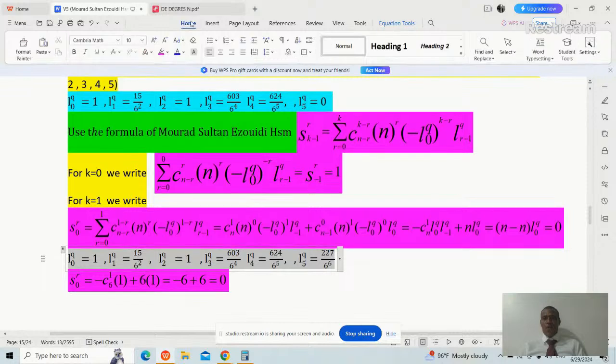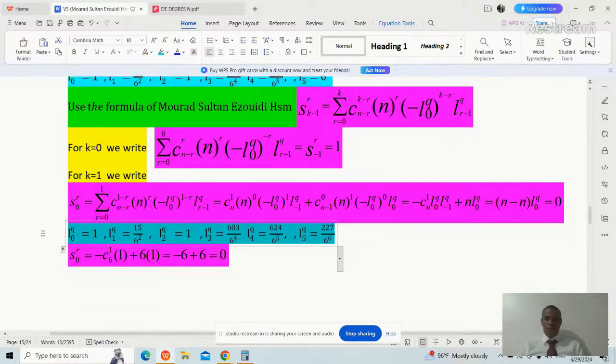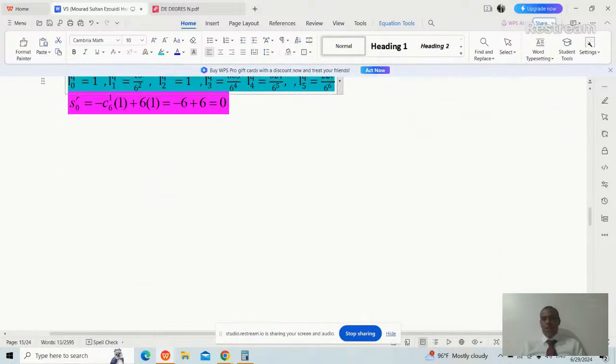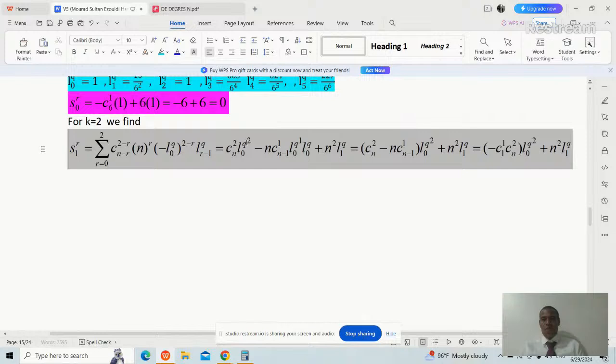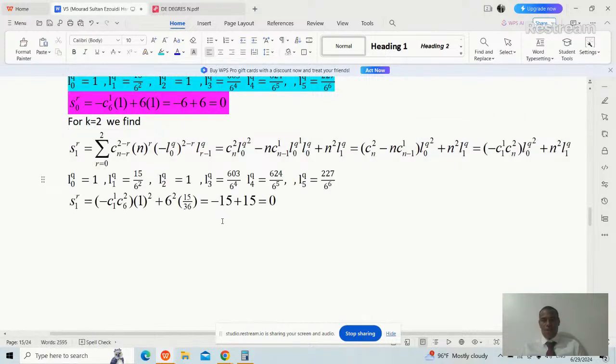Now you are going to use your calculator. Of course, minus 6 times 1 plus 6 times 1 is 0. No need to calculate it, learners, because it's clear for you. I should find now the value of S1.